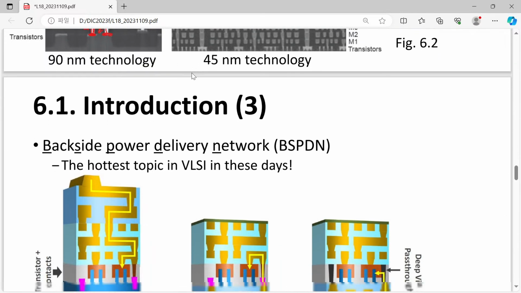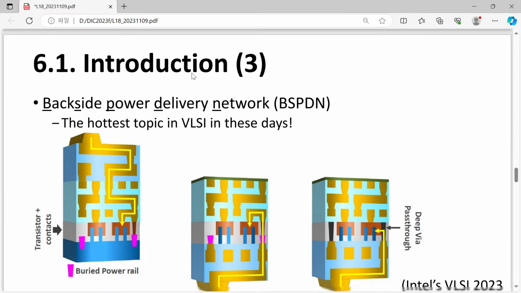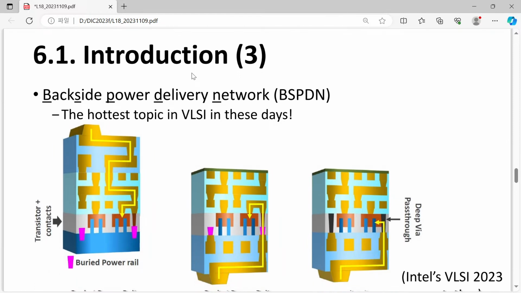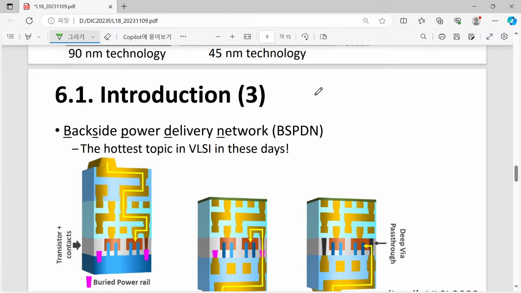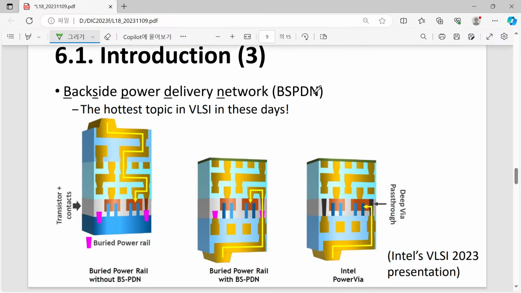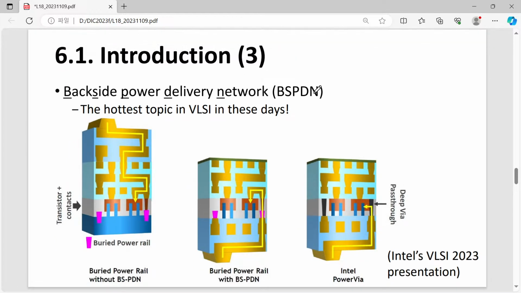Then, before going into our main discussion, I wanted to introduce the third slide of our introduction. I think this is nowadays the hottest topic in VLSI.